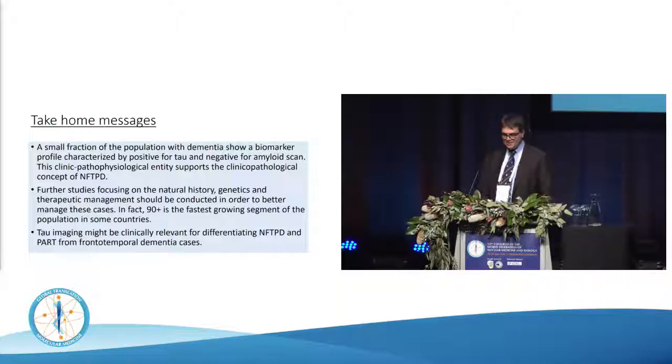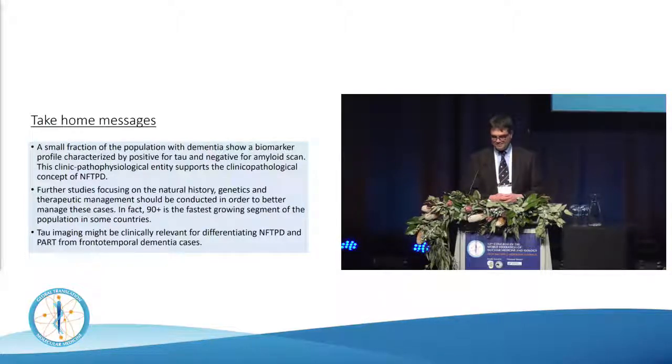And tau imaging must be clinically relevant for differentiating this type of pathology, neurofibrillary tangle-predominant dementia, perhaps from other frontotemporal dementia cases. One of the questions I was thinking about when I had the opportunity to evaluate this patient is that perhaps what you see as a primary age-related tauopathy, perhaps a fraction of these patients will progress to this entity.